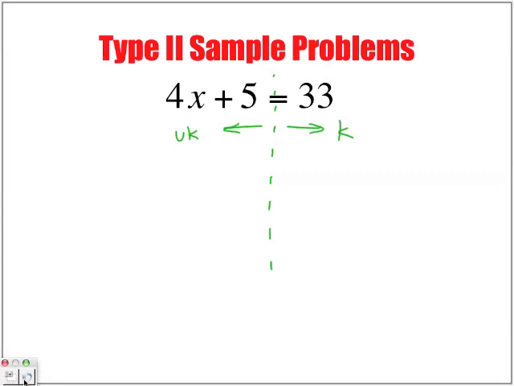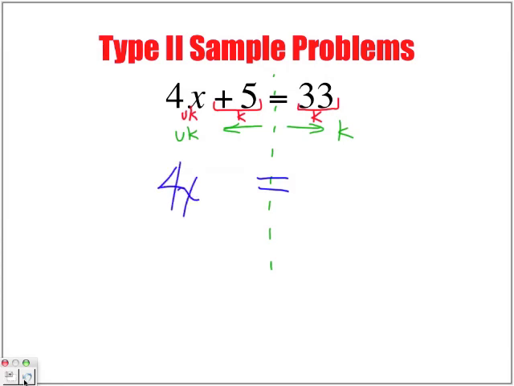So we've got 4x. 4x is an unknown value. We don't know what the value is because there's a variable. This positive 5 is a known value. We know what it's worth. This 33 is also a known value. So let's collect our unknowns. 4x, does it stay on this left side of the equal sign? Yes, it does, because it's on the correct side.